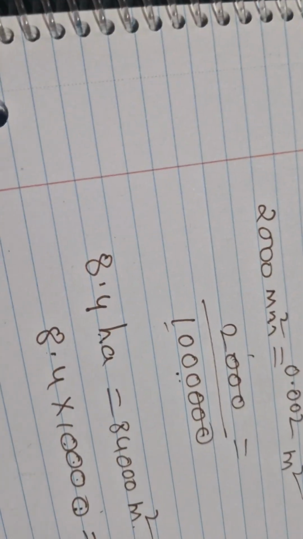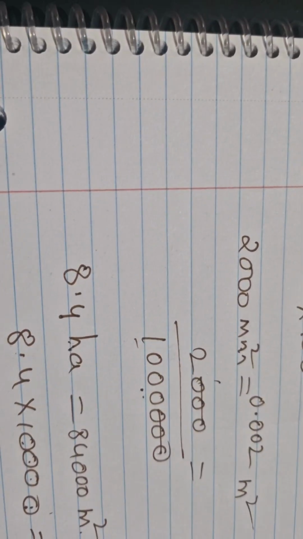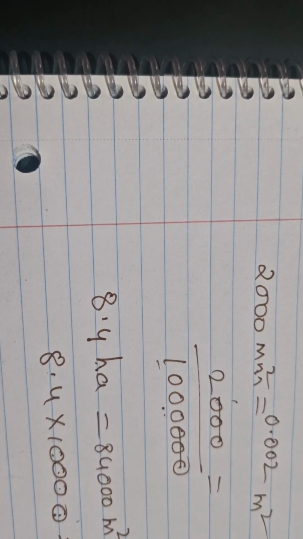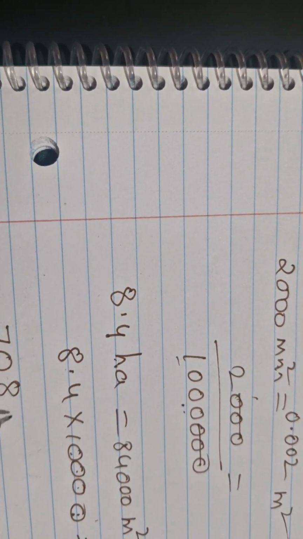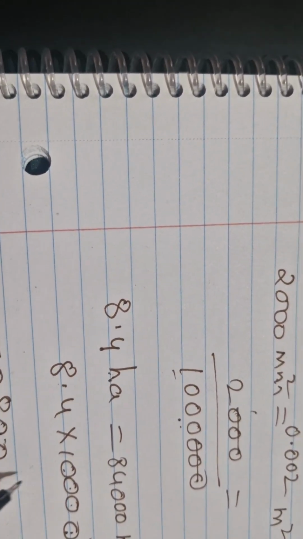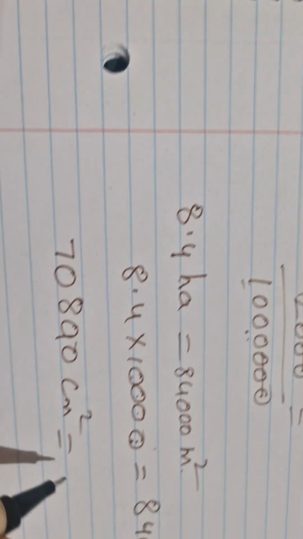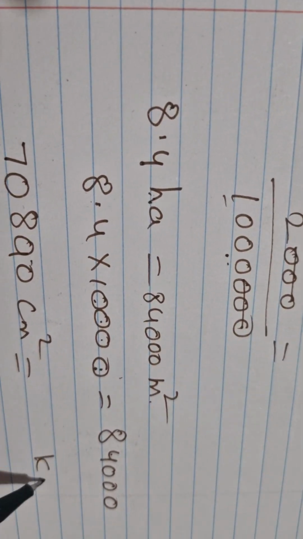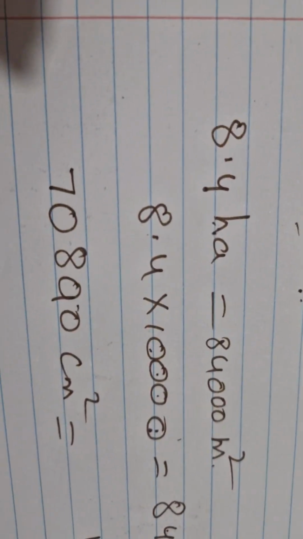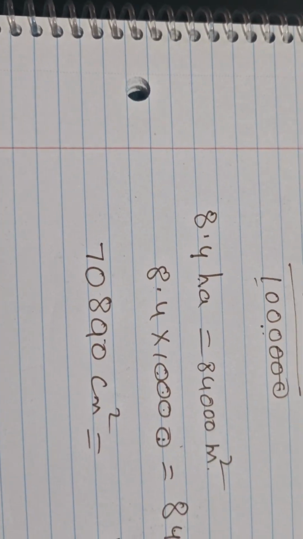Okay, one more example. Let's take small to big now. 7,890 cm square, how many kilometers square? First you find 1 km, how many cm, and then double that many zeros.